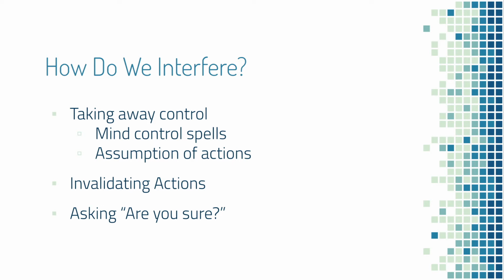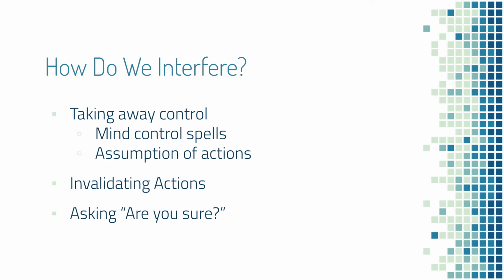Another thing that's a little more subtle is when you assume actions of a player. So this is something that 99% of players that I've worked with will talk back on if you do assume an action that their character doesn't take. So a good example of this is when, let's say, a big portal opens and an ally of your party is telling them, hey guys, we gotta go through this portal to go stop the bad guy.